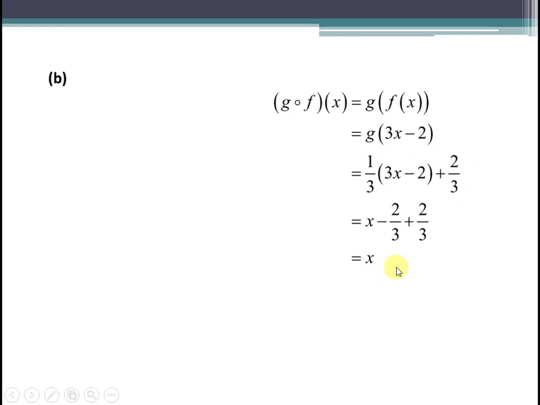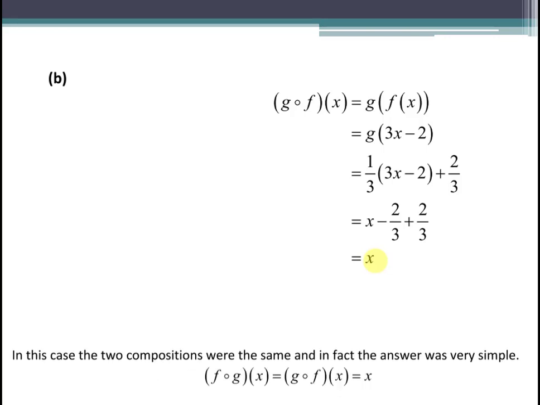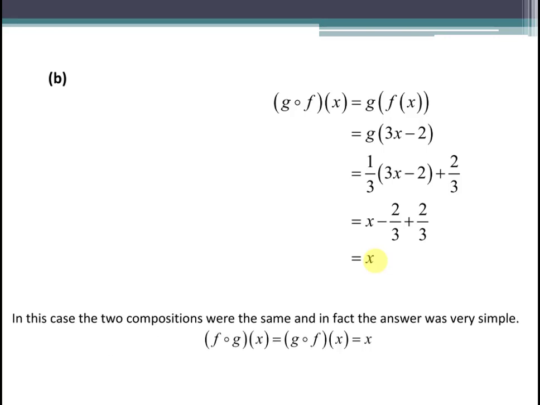Now, we get exactly the same answers when we compute f of g and g of f. In fact, the answers were very simple. You can see here, they are equal to x.